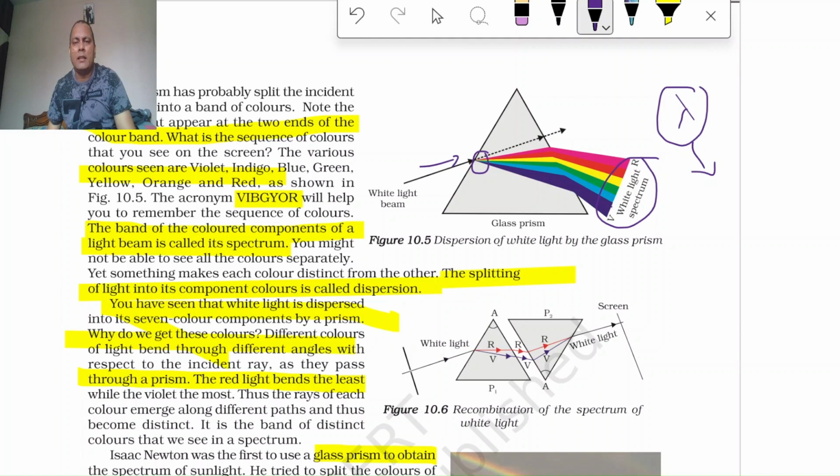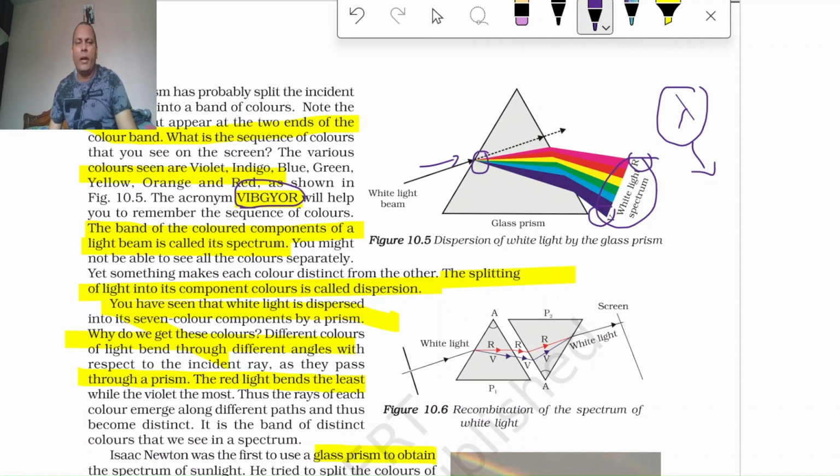The violet light bends more compared to the red light, and due to these different wavelengths and bends, the lights get separated. You can see here VIBGYOR.